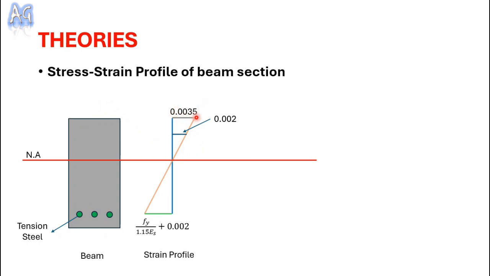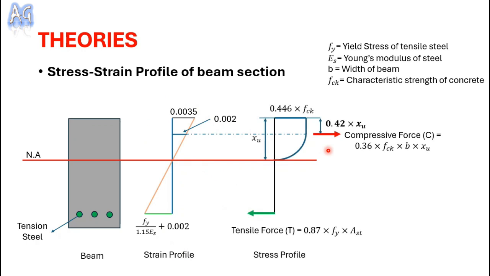I already discussed how the limit was defined. And in case of steel we will get this much amount of maximum strain value. So if concrete and steel both reach the maximum strain, this time we will get this type of strain profile. And now if we draw the stress diagram it will be like this.